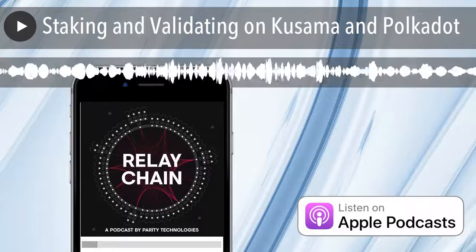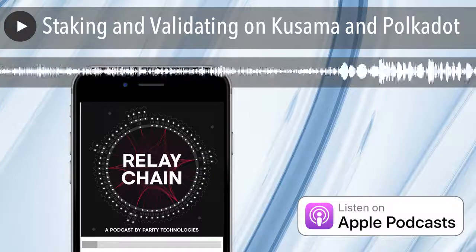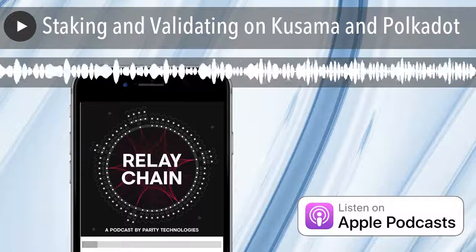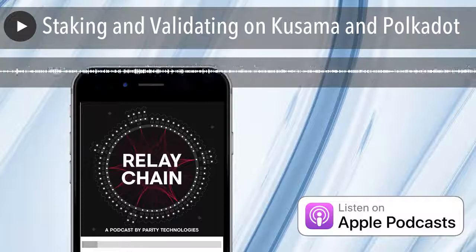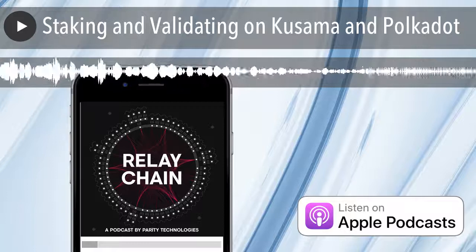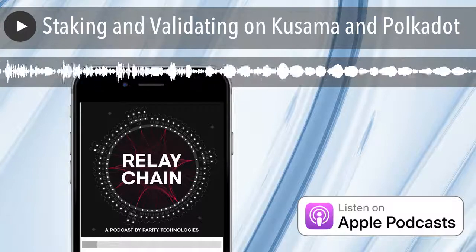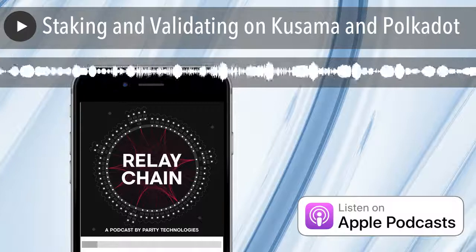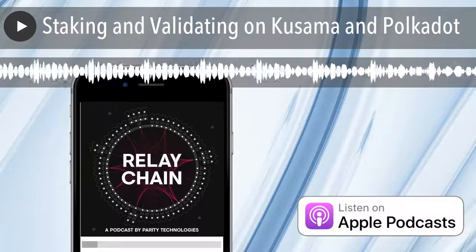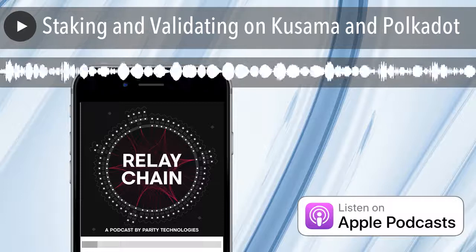Okay. Our second motivation here is to have all of these validators be equally staked. And so if you're nominating someone, you'd actually want to nominate the lowest staked validator. So if one validator has 100 DOTs behind it and another one has 500 DOTs behind it, and as a nominator you're going to get a percentage of the rewards, you're going to get a much higher percentage of the rewards if you stake the validator with 100 DOTs behind it. And so it should incent people to nominate the lower staked validators, and that just naturally leads to an evenly staked network.